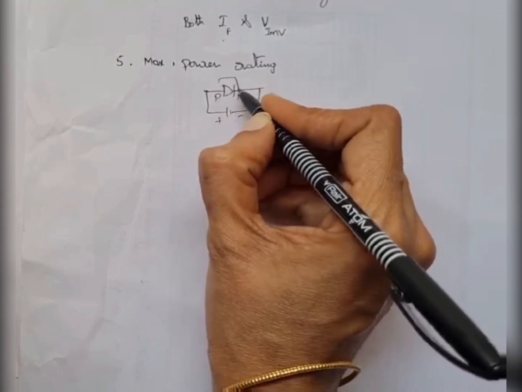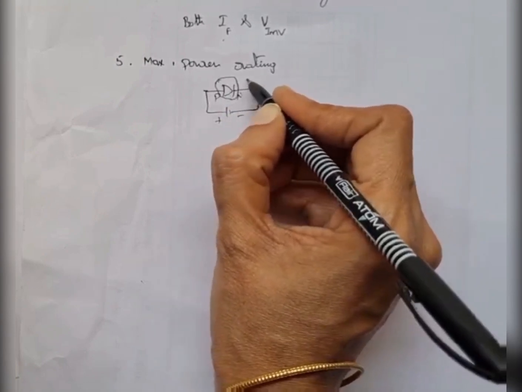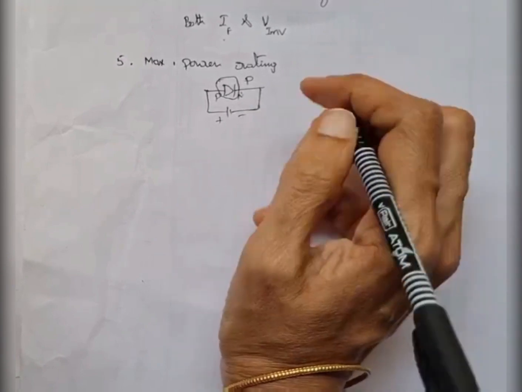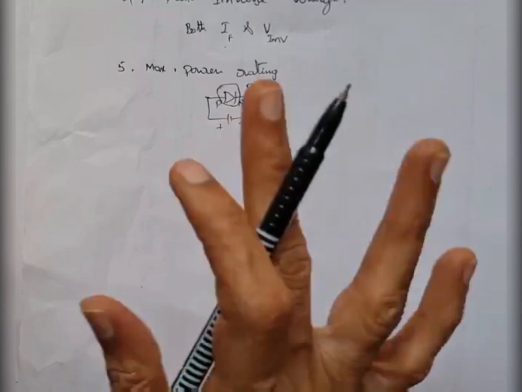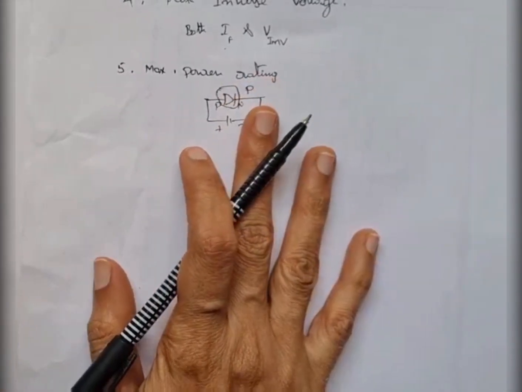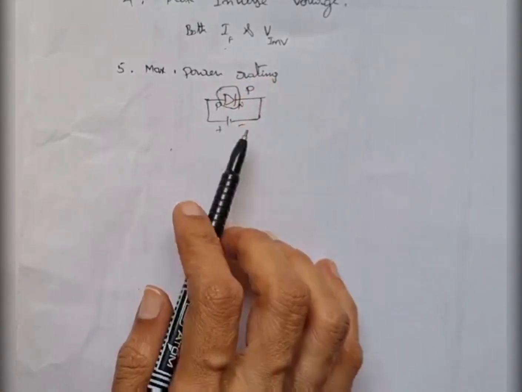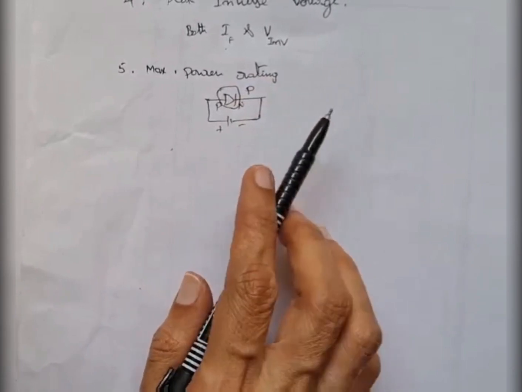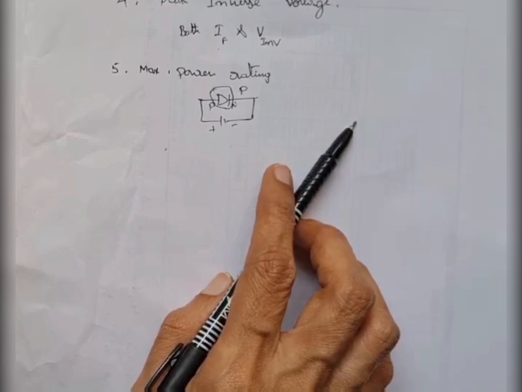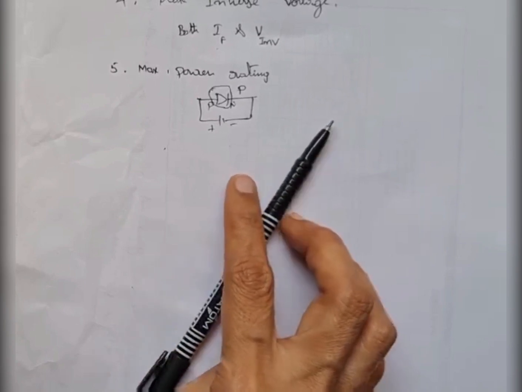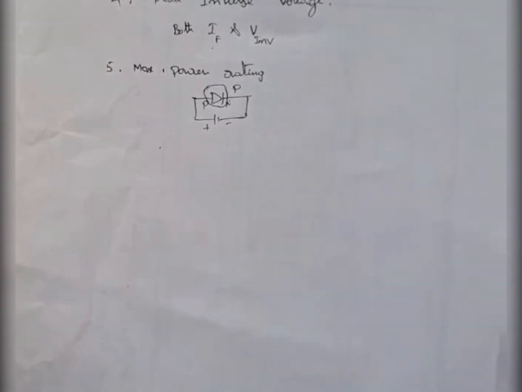How much power is dissipated at the junction is called the maximum power rating. So now the five terms we are using are breakdown voltage, knee voltage, maximum forward current, peak inverse voltage, and maximum power rating. These are the terms used in a PN junction.